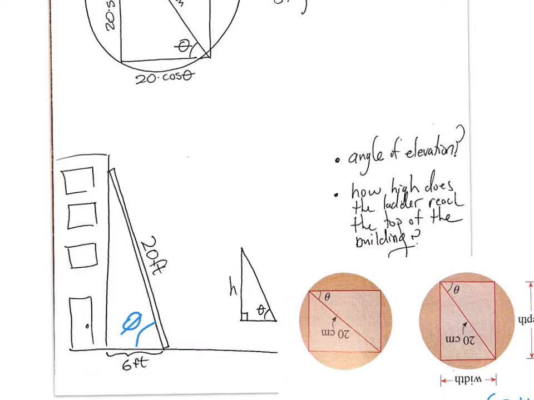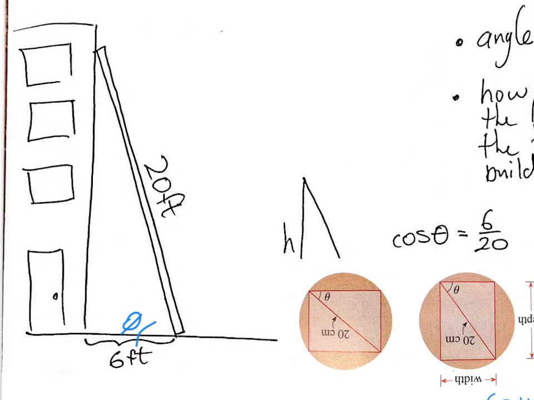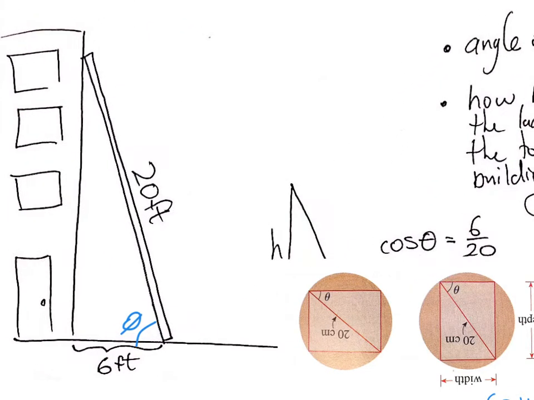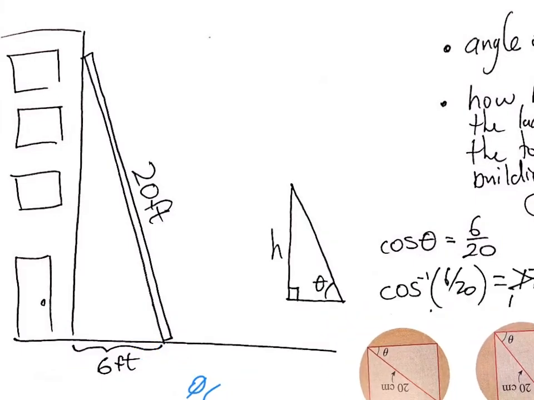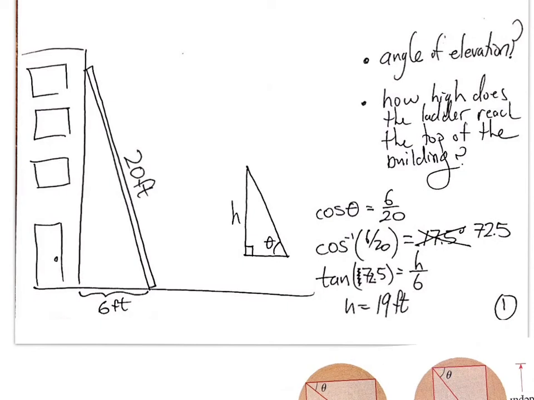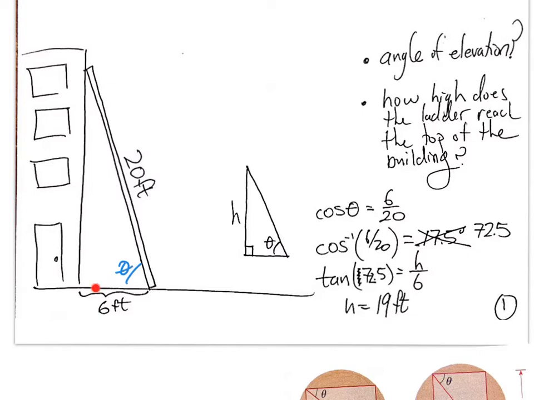I hope you're seeing that if this is our angle here, theta, this is the adjacent side, this is the hypotenuse, so we can say that the cosine of the angle theta is 6/20, adjacent over hypotenuse.